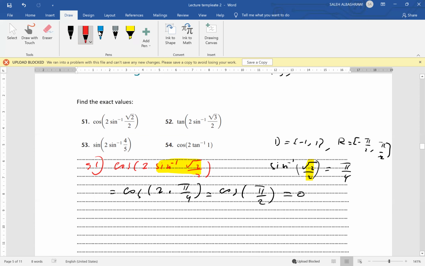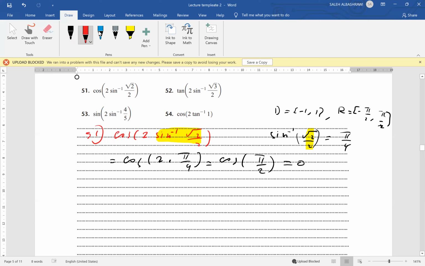The second one, tangent of 2 sine inverse square root of 3 divided by 2. And we know that sine inverse of square root of 3 divided by 2 equals 60 degrees, or pi over 3.